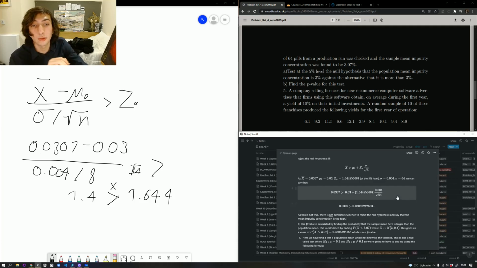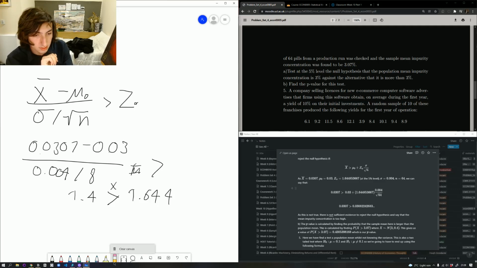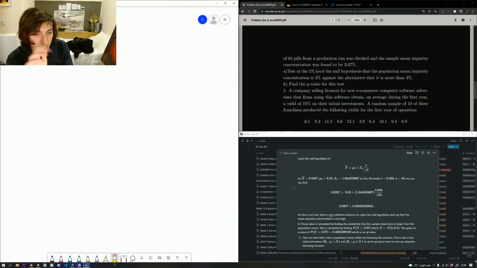So now let's do the p-value for number 4. You find the p-value for the chance that the sample mean is going to be larger than the population mean. So we're doing the probability of x larger than 3.07, where x is distributed normally with mean 3 and variance 0.4. I've changed it back to regular percentage just to make it easier.